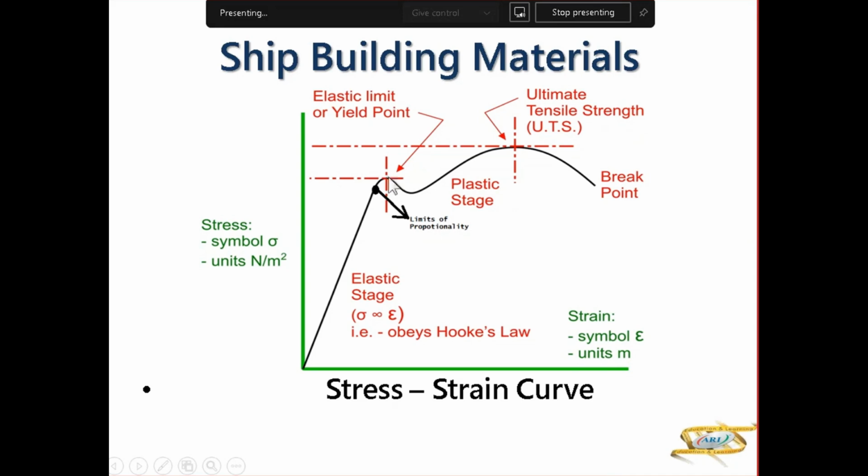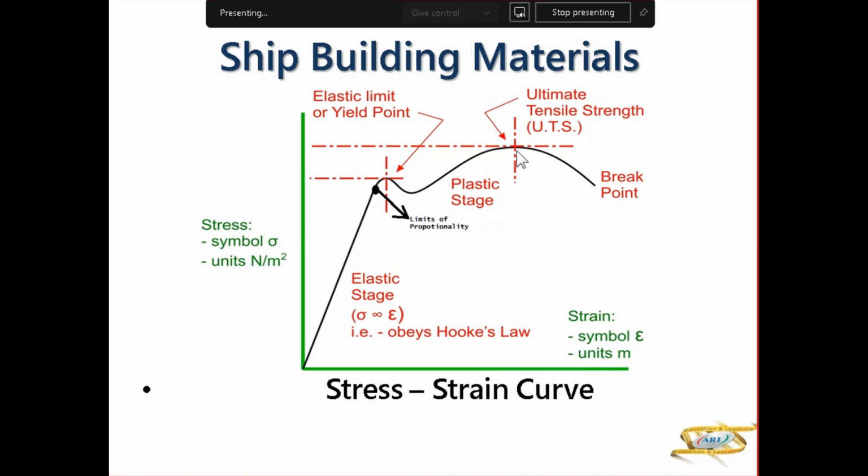Now, after the yield point, if you increase your stress, it will be permanently deformed. The permanent deformation is known as the plastic stage. Nothing to do with plastic here. This is the stage where it is permanently deformed. You're stretching it more and more.